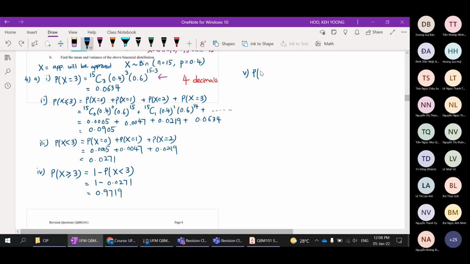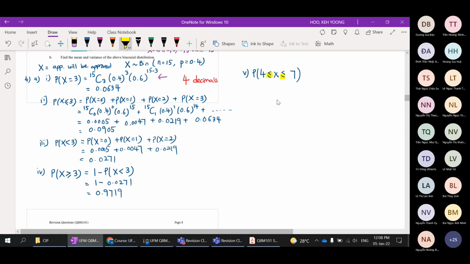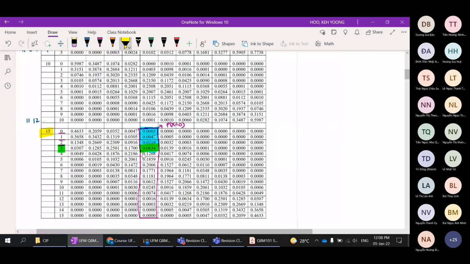How do we write the notation? x is between 4 and 7, so you need to have the equal sign below, inclusive. You will add up the probability of 4, 5, 6 until 7. You refer to the statistical table, and you look at 4, 5, 6, and 7. You should get the same probability if you are calculating it using formulas.